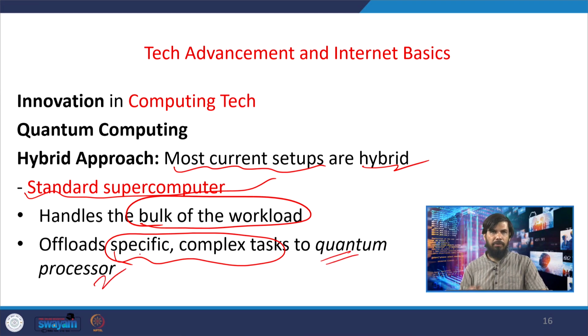So, in this hybrid setup, the standard computer and the quantum processor work in tandem. Much of the traditional workload is handled by the supercomputer, and the complex specific tasks can be offloaded to the quantum processor. This hybrid setup is most common currently.